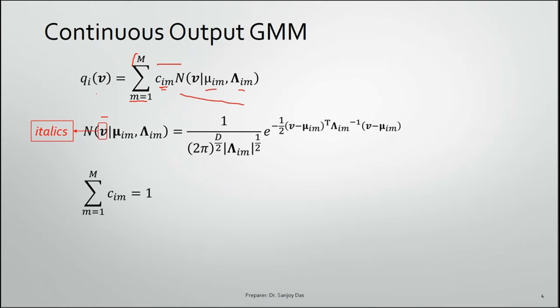Now, c_im is the probability of the mth Gaussian being active, and therefore summation m equals 1 through uppercase M, c_im must equal 1. And this is the output sequence, V1, V2 until V uppercase T.